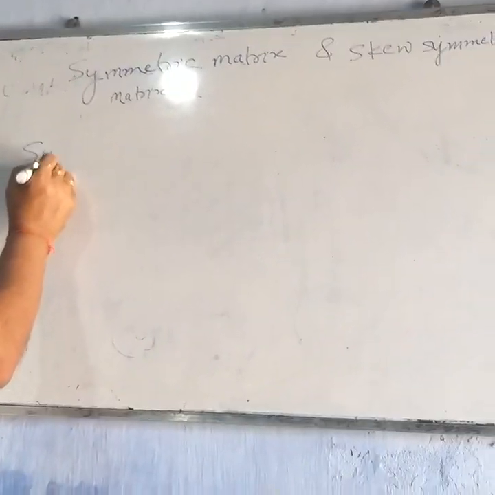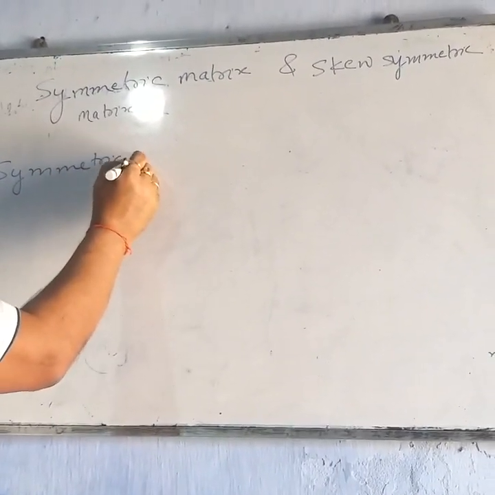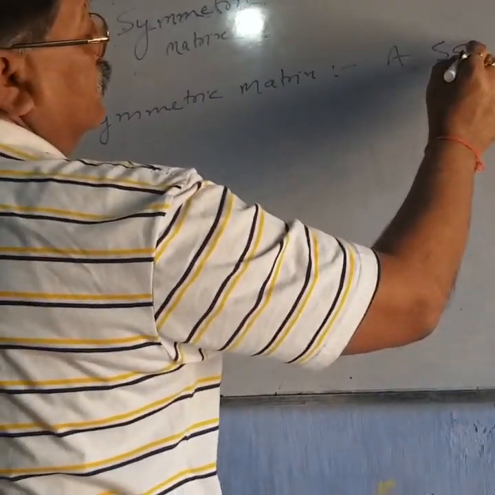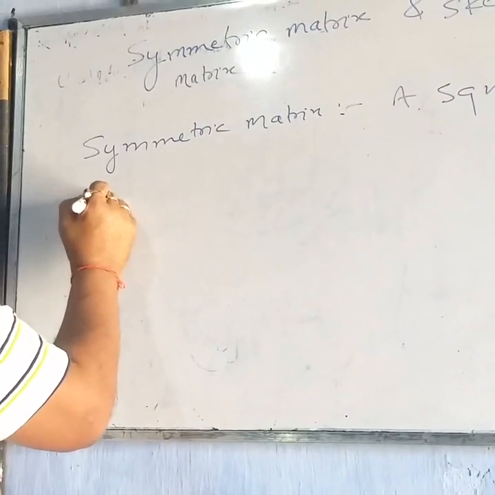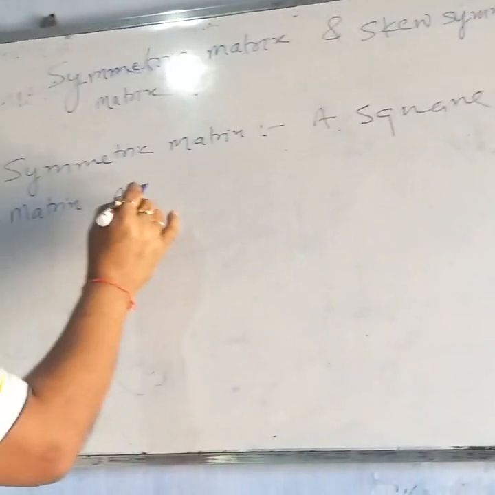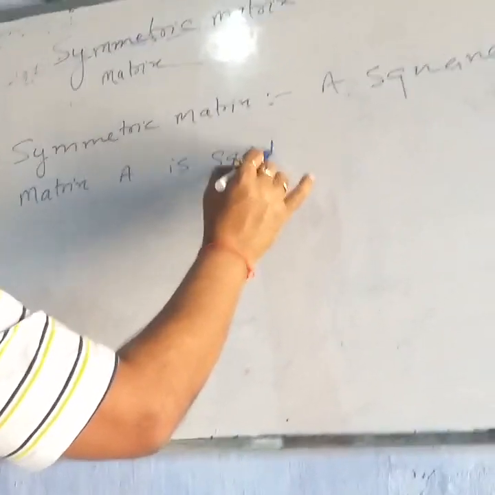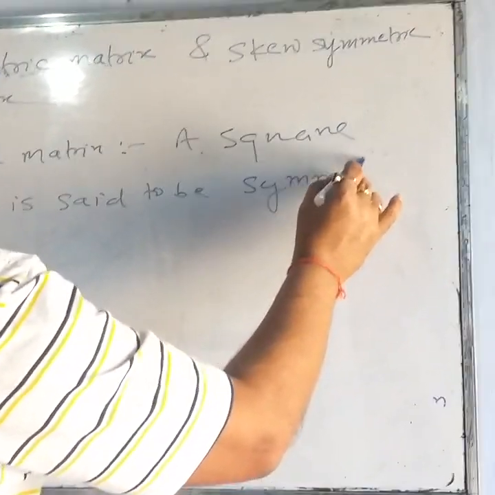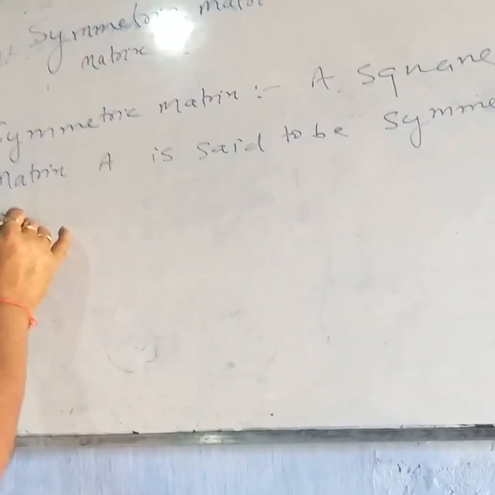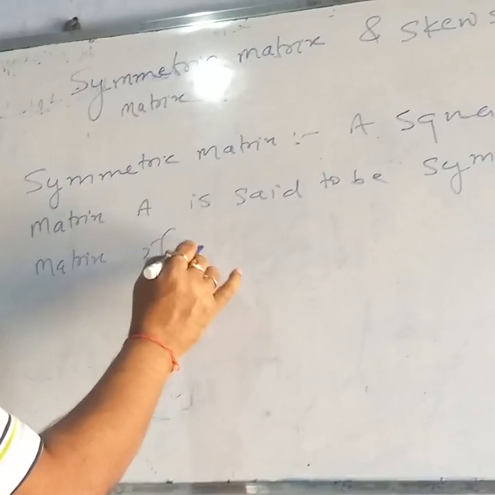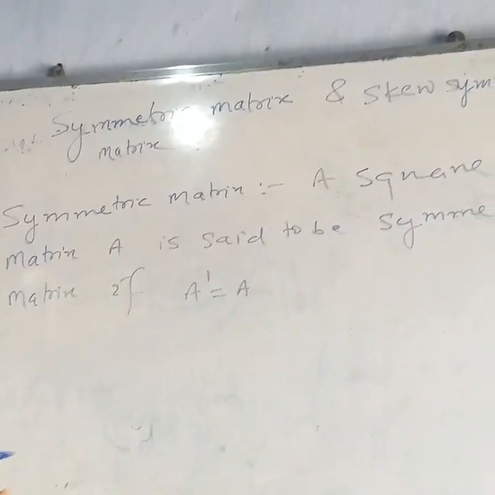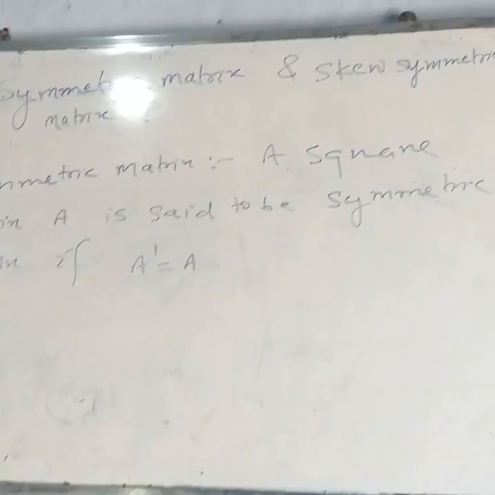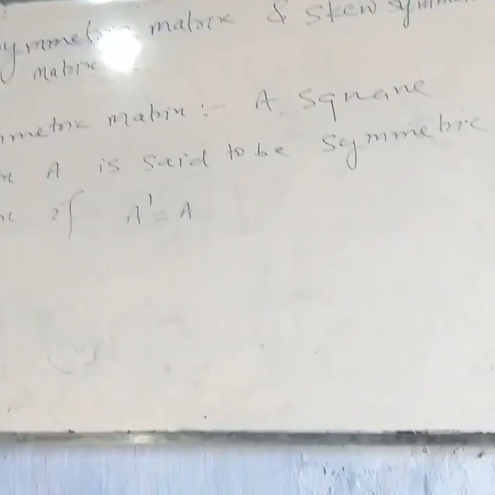So symmetric matrix: a square matrix A is said to be a symmetric matrix if A transpose is equal to A. If A transpose is equal to A, then it is said to be a symmetric matrix.